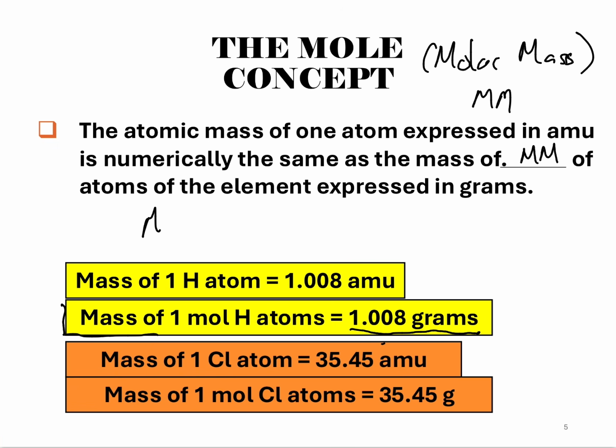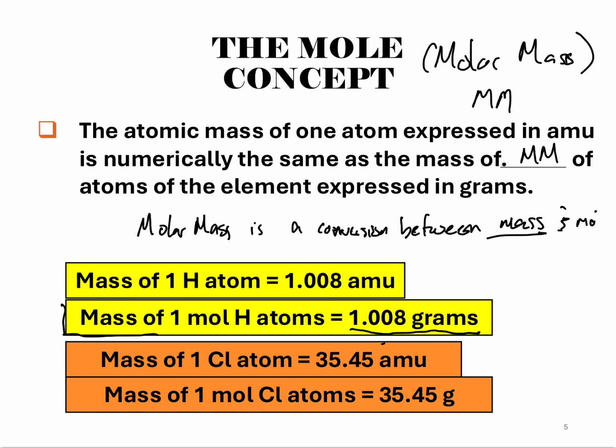So the molar mass is a conversion between mass and moles, our counting unit. So now we have 2 conversions: the number of things to moles, which is Avogadro's number, and the mass to moles, which is the molar mass.